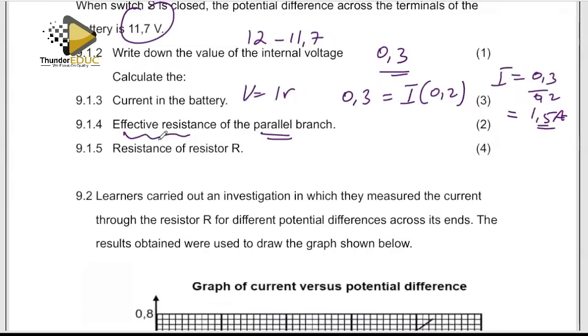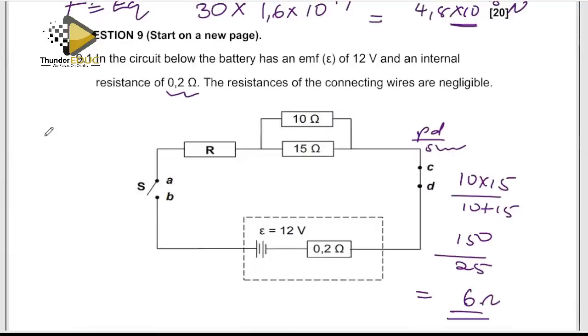And then they want us to get, lastly, the resistance R. So resistance R is going to be in series, meaning that it's going to be 6 plus R as the total resistance. But now with this, I can just use the EMF formula and say that EMF is I times R plus the small r. So our EMF was 12.